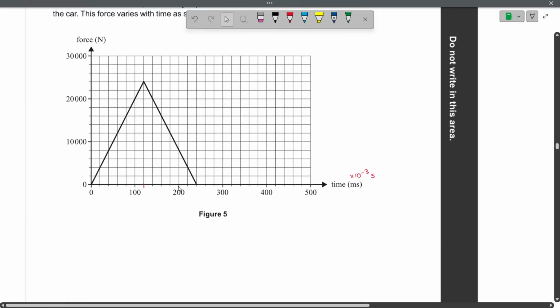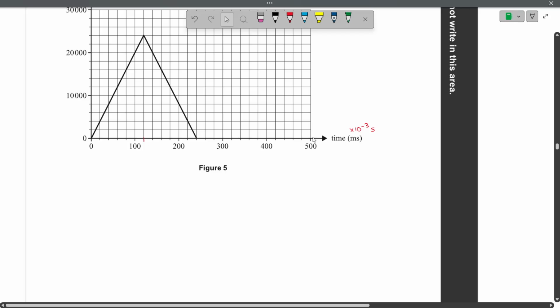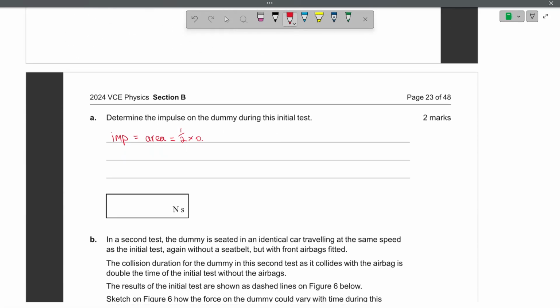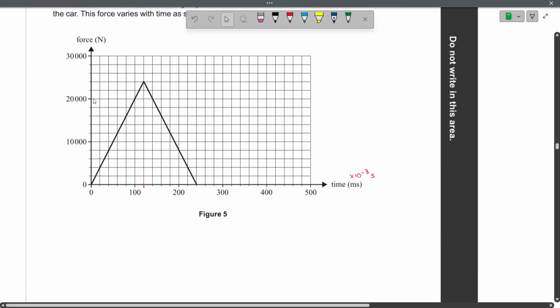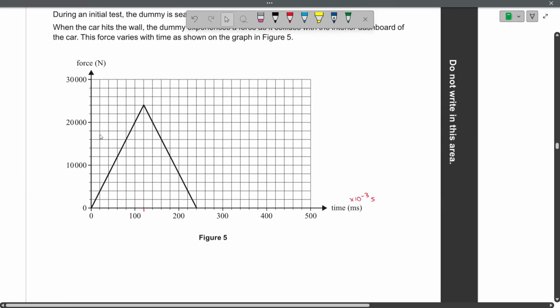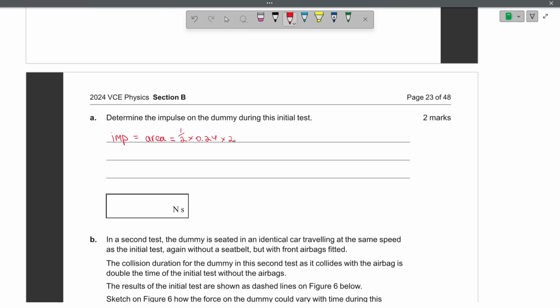The base is itself 240 milliseconds, but converting that into seconds, we get 0.24, and the height of our triangle is, what's that, 2,400? Sorry, not 2,400, 24,000. And that gives us 2,880 Newton seconds. I'm just going to leave it like that. I'm not going to bother with significant figures here.